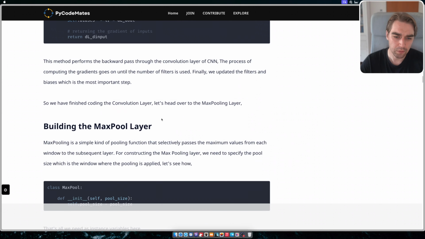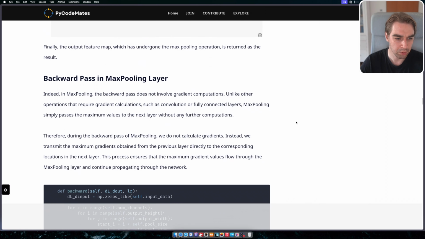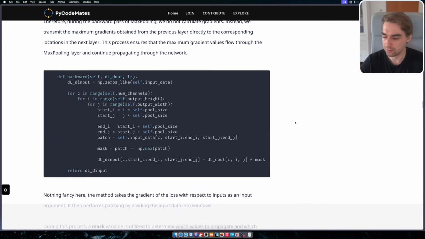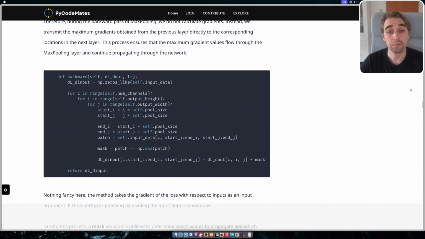With the max pool, there is a bunch of loops, shouldn't be a big problem. There's the backward pass, same. And once we have the convolutional layer, then we have the max pooling and flatten. We will need the flatten layer to connect the convolutions with the dense layer.